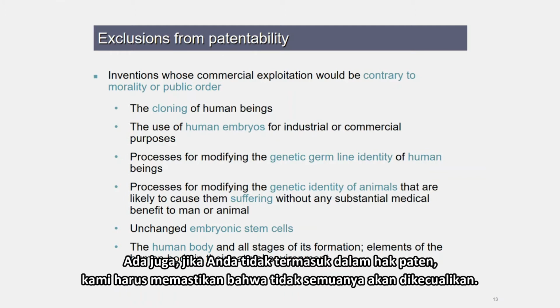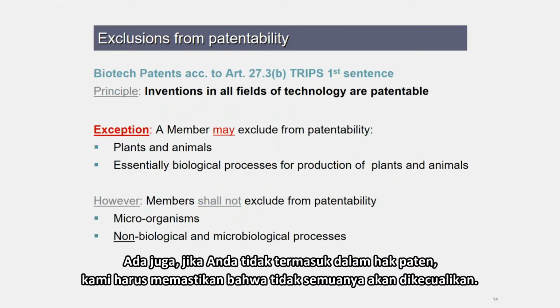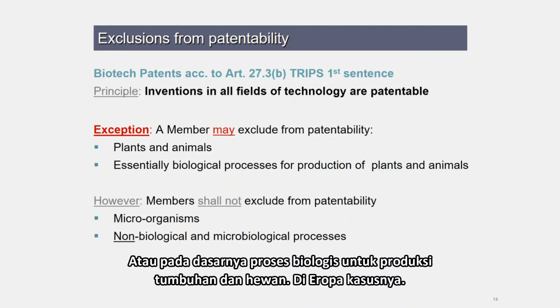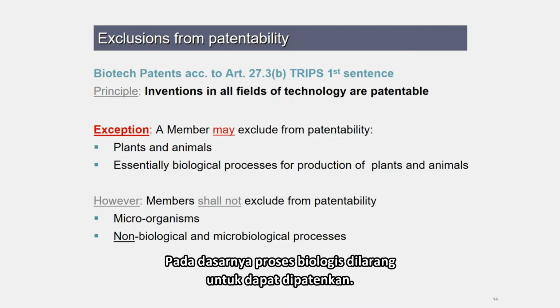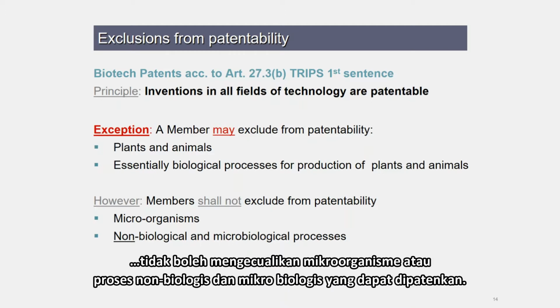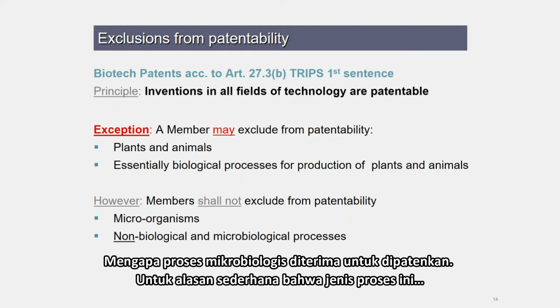Then, regarding the exclusions from patentability, we have to make sure that not everything shall be excluded. In fact, if you look at TRIPS, it says a member may exclude from patentability plants and animals, as we have said, or essentially biological processes for the production of plants and animals. In Europe this is the case: essentially biological processes are excluded from patentability. However, TRIPS says clearly that members shall not exclude from patentability microorganisms or non-biological and microbiological processes. Why are microbiological processes accepted as patentable?